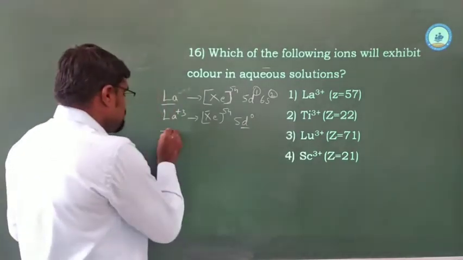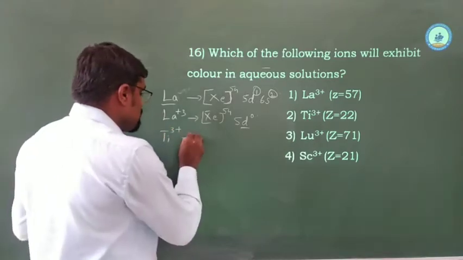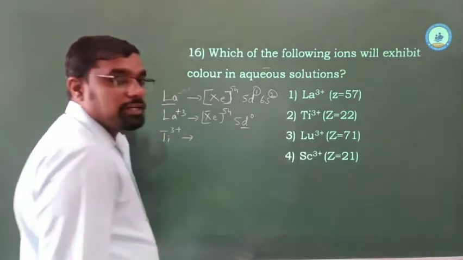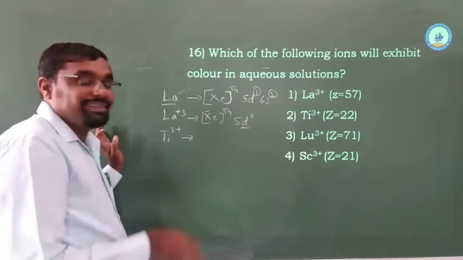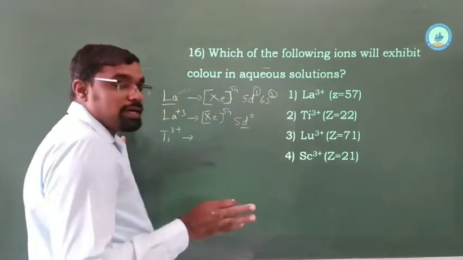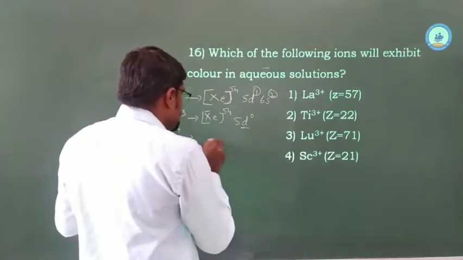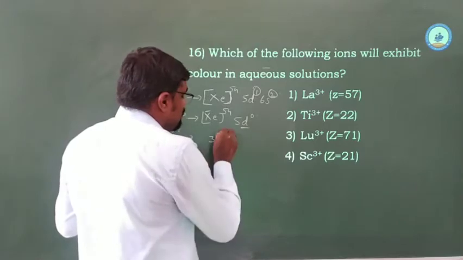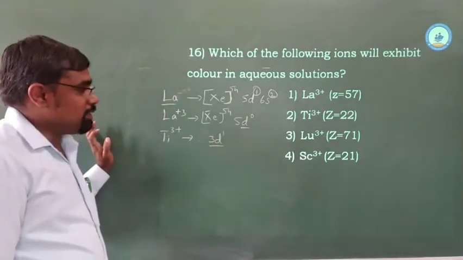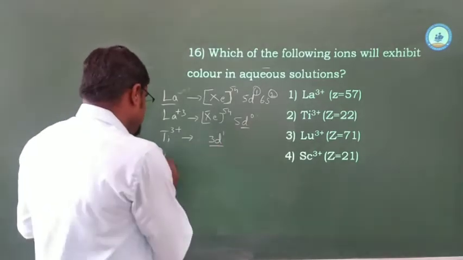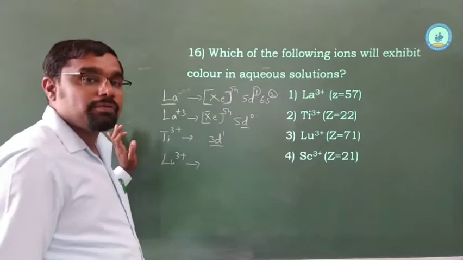Next, titanium 3+. The atomic number of titanium is 22. We remove 3 electrons, 2 from the s orbital and 1 from the d orbital, so 3d1 remains. Next, lutetium 3+, atomic number 71.